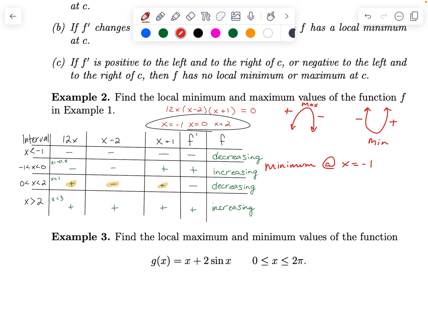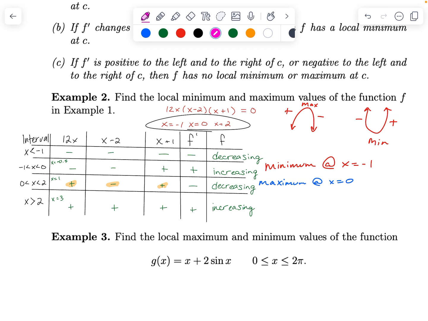Okay, what about my next part? I go from a positive to a negative, from increasing to decreasing. So I go from increasing to decreasing, positive to negative. That means I have a maximum, I have a peak at the top. So this means I have a local maximum at x equals 0.